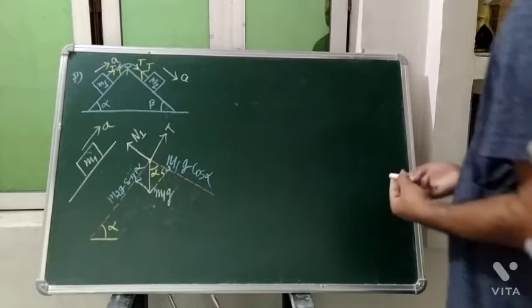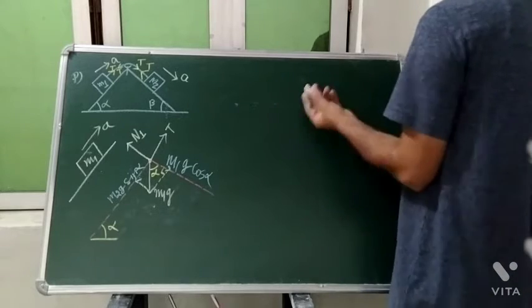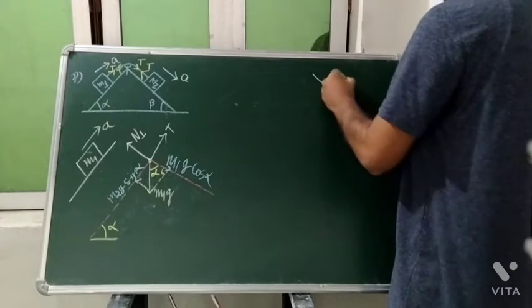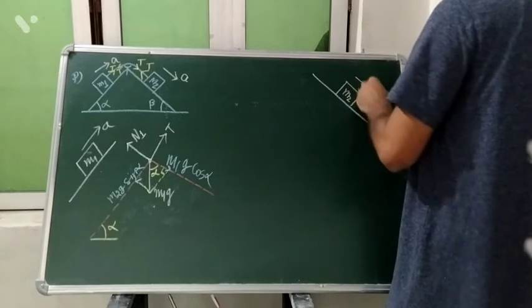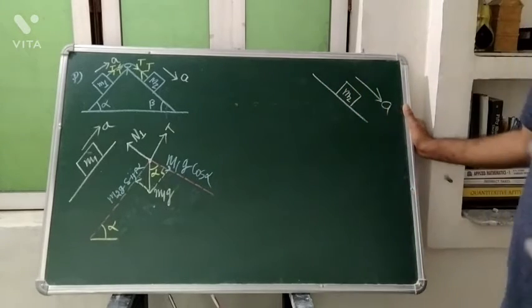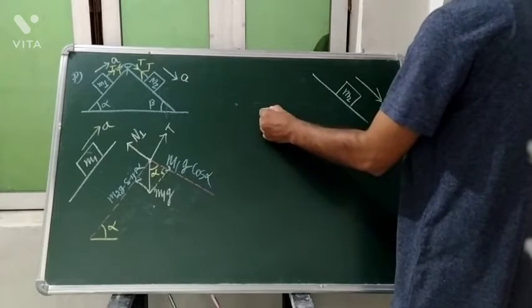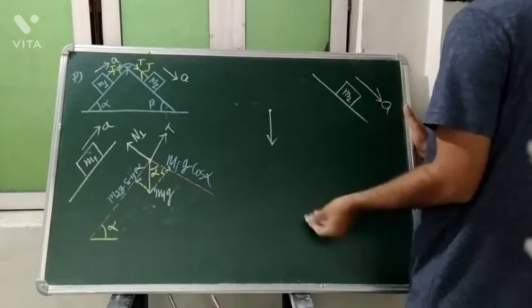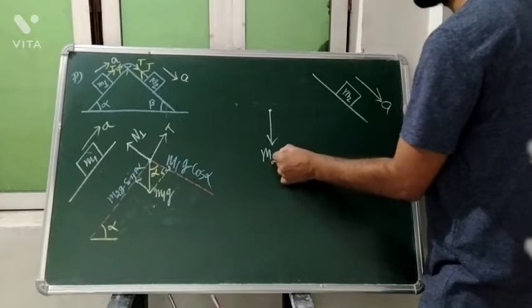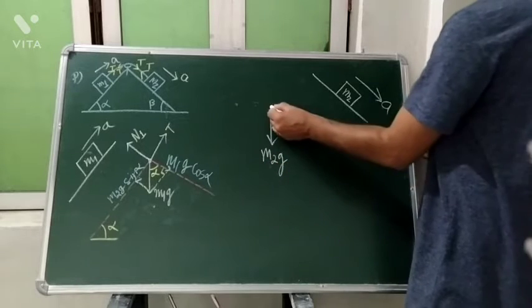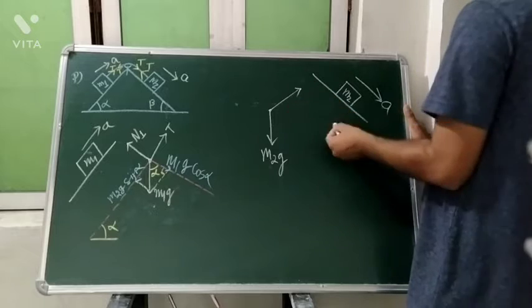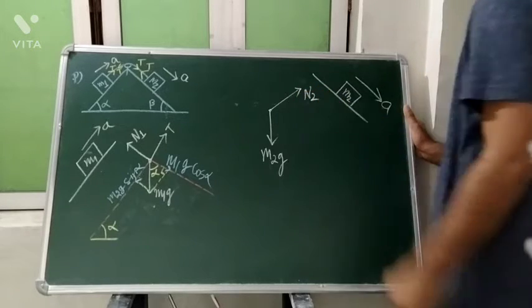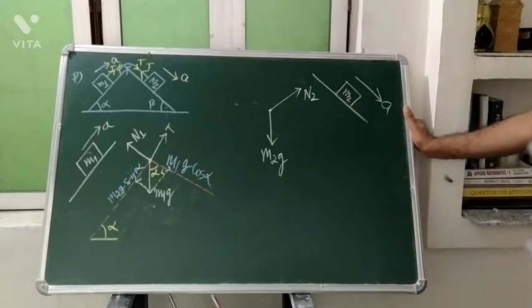And of course, when we talk about mass M2, it is inclined so that it is oscillating in this direction. The force due to gravity is going to act as M2G in the downward direction. Normal is going to act perpendicular to that contact surface, and we will call that normal N2.